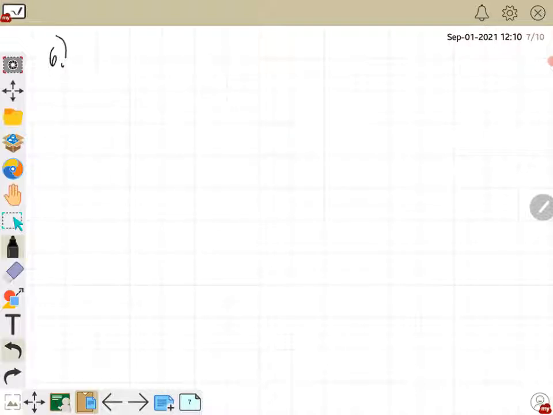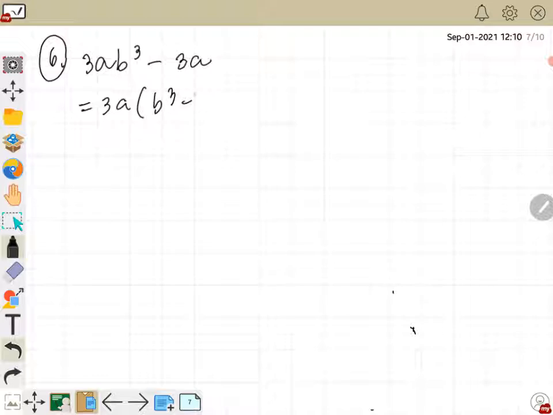So the same with 3a b cubed minus 3a. The common monomial factor is 3a, and we have b cubed minus 3a divided by 3a is 1.